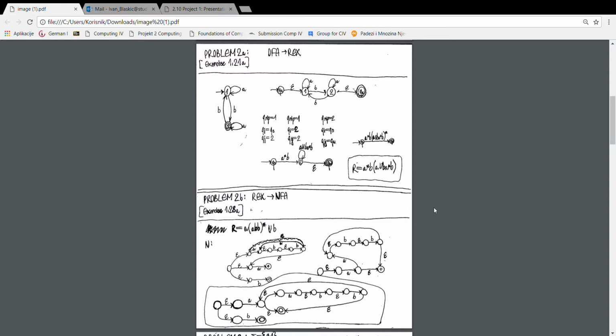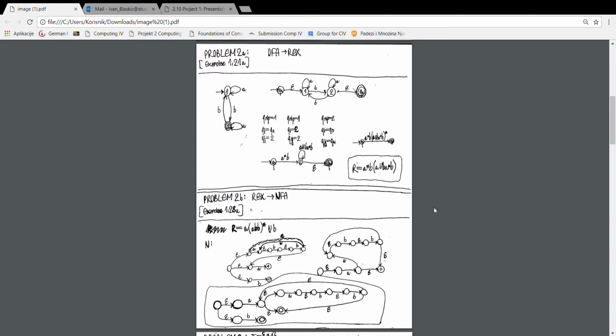When dealing with problem 2A, I was very proud of the knowledge that I gained, seeing that I actually understand the whole story behind why we are introducing NFA and regular expressions. I want to say what's happening behind the scenes.